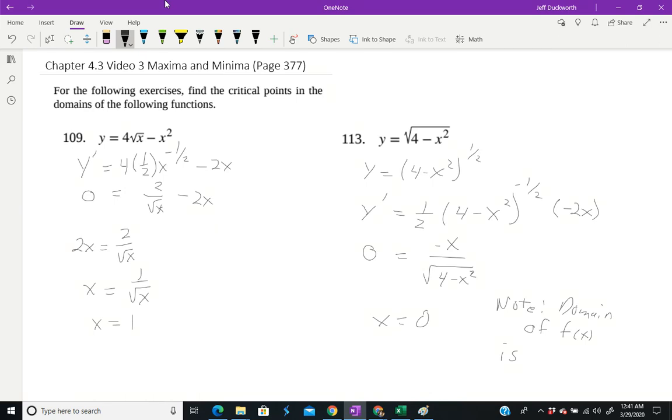So if x is strictly greater than 2 or strictly less than negative 2, we're going to have a problem. So this only works for values between negative 2 and 2. So 0 is within that domain of negative 2 and 2. So we're good, and that is our solution.